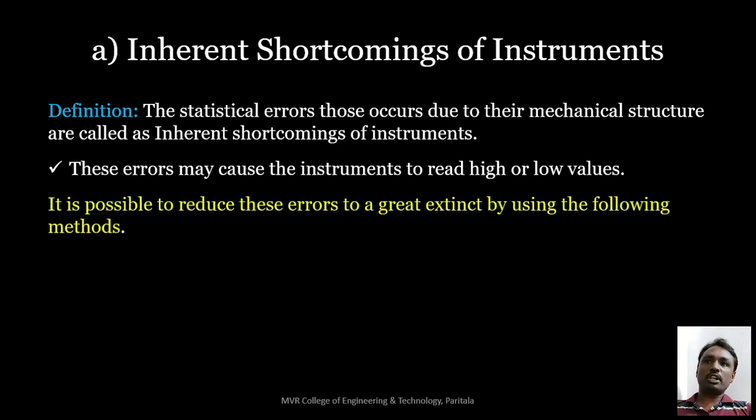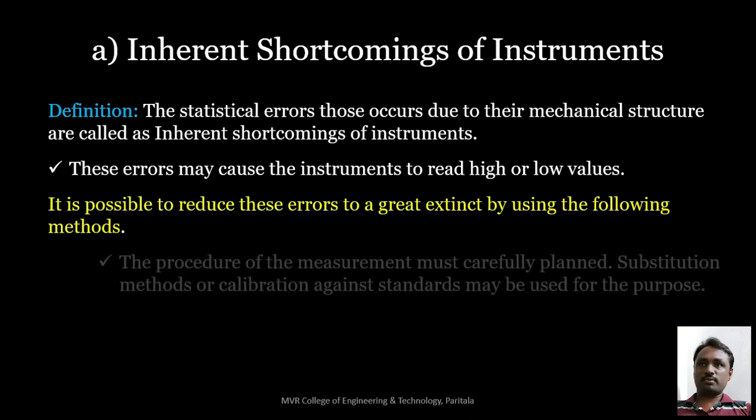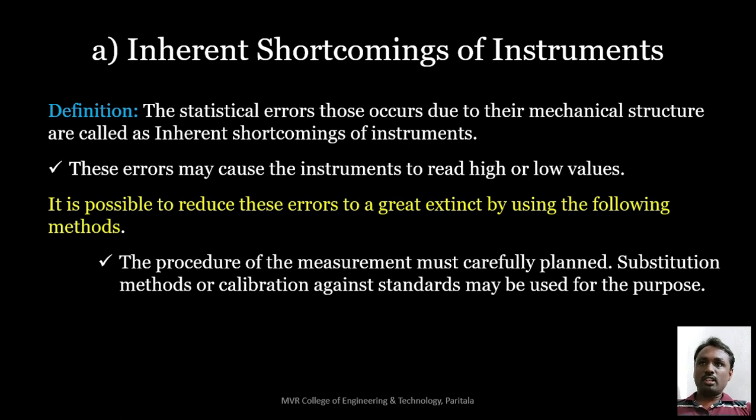It is possible to reduce these errors to a great extent by using the following methods. What are those methods? The procedure of the measurement must be carefully planned. Substitution methods or calibration against the standards may be used for the purpose.